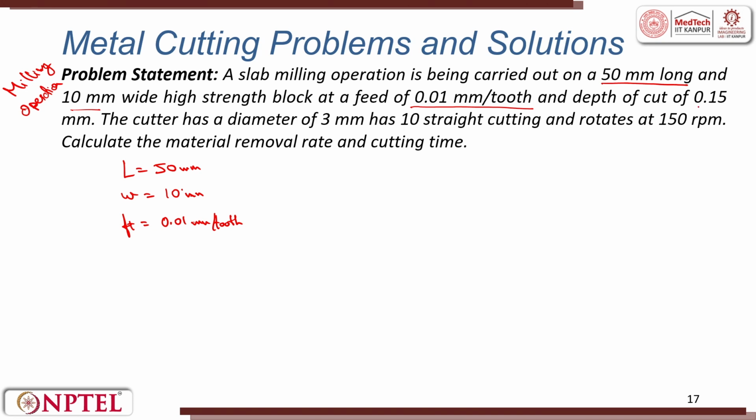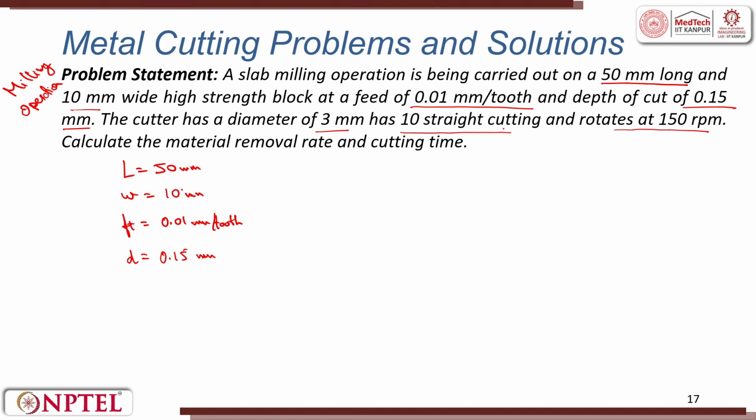Depth of cut is 0.15 millimeters. Small d, that is depth of cut, is 0.15 millimeters. The cutter has diameter of 3 millimeter and has 10 straight cutting teeth and rotates at 150 rpm.